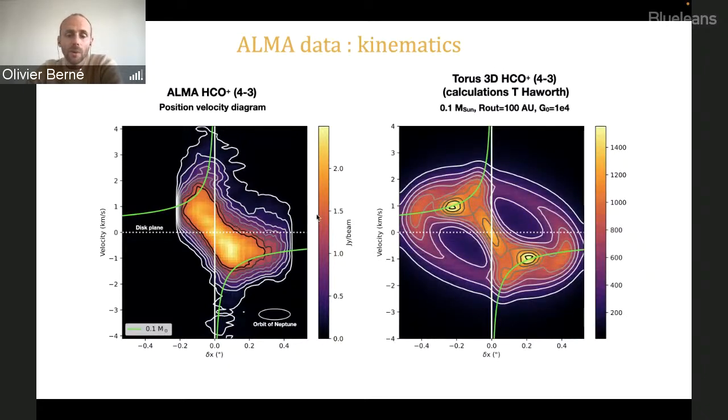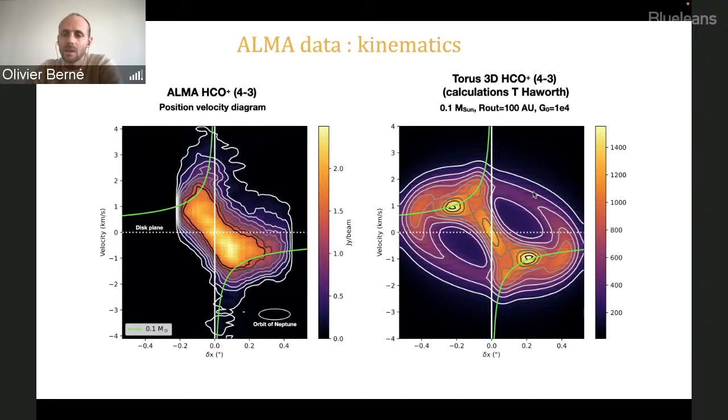You can also use the results from 3D models of a photoevaporating protoplanetary disk and make the synthetic PV diagram of these models, and this can guide you to understand what you see in the observations. One key signature here is the presence of emission of HCO+ in this region of the diagram, which are non-Keplerian motions, so motions which are associated with gas that is not in Keplerian rotation with the disk.